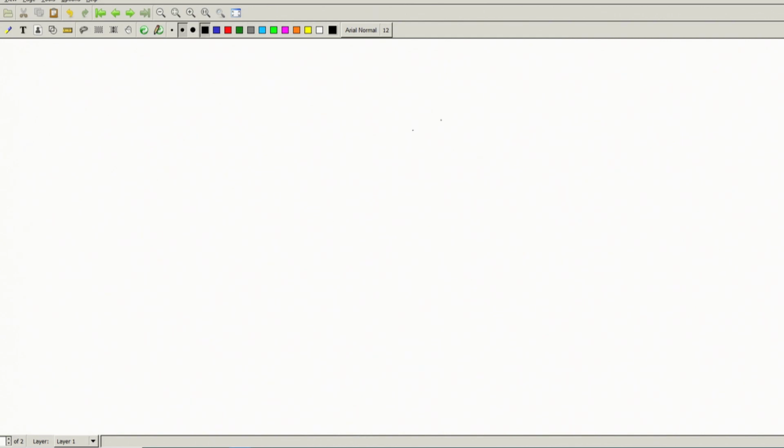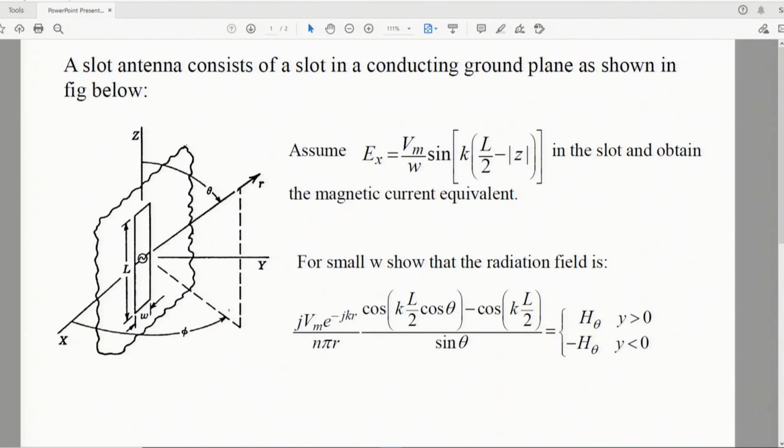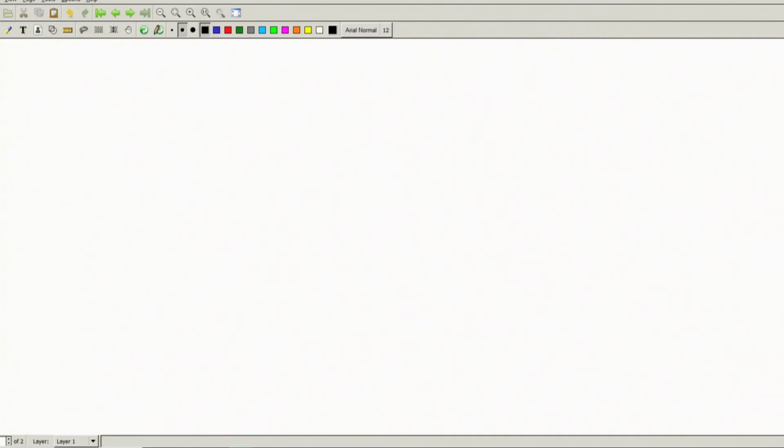So, we are given a slot antenna. Basically it is a dipole slot antenna when fed by a voltage that is impressed across the center of the slot.